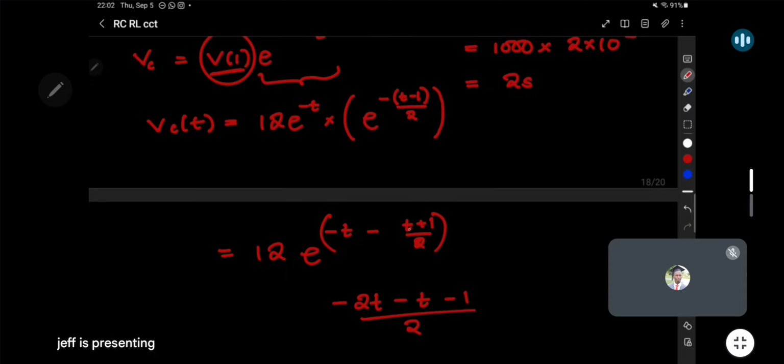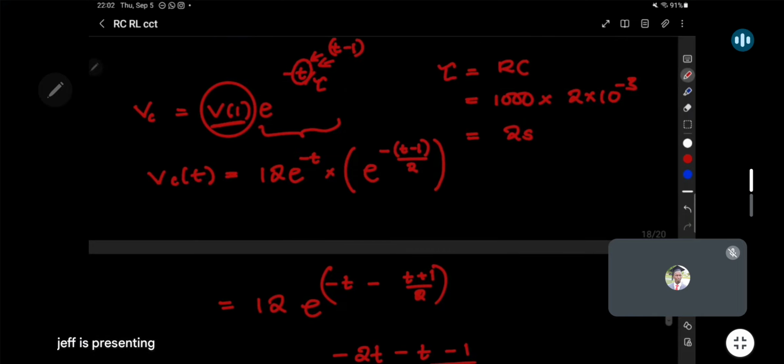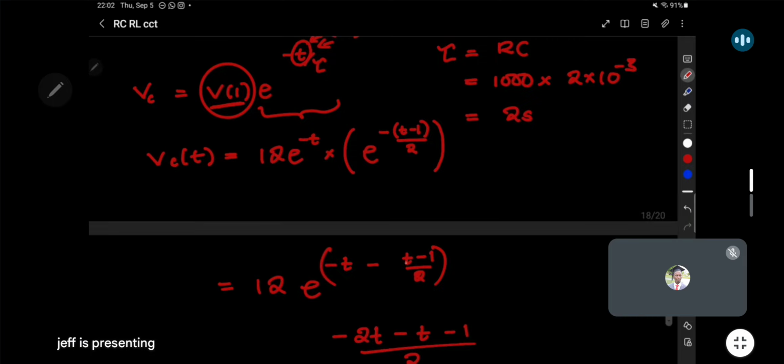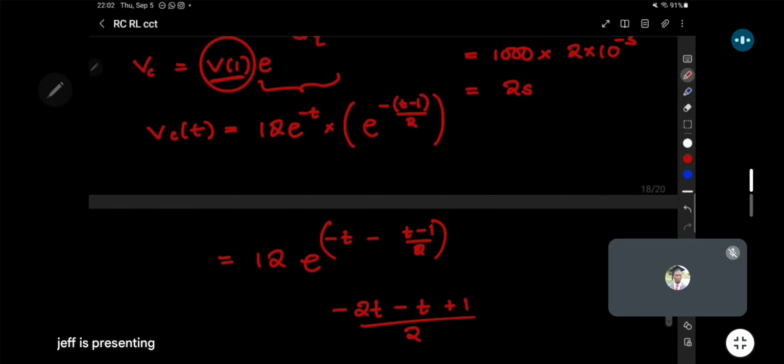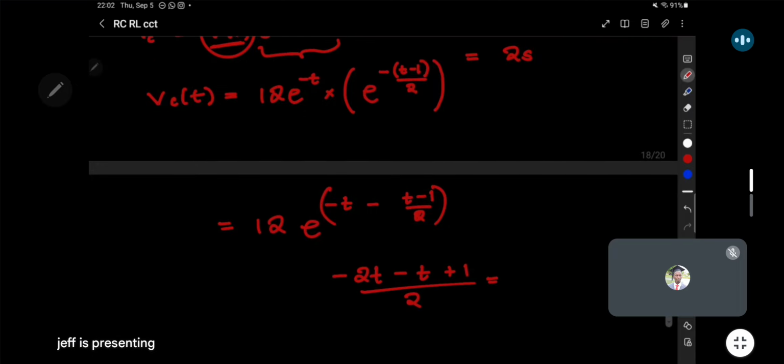The negative here is for everything, so look at what I did there. I wrote a plus here. This is a minus, t minus 1. Okay, t minus 1 there. So the minus now distributes, it will make the t here a negative, to make the 1 there a positive. Yes. Single fraction, 2 multiplies, you have minus 2t minus t plus 1. And then this will be minus 3t plus 1 over 2. All in all, however you work it out, this is what you have. You can simplify it in so many different ways. Let's see how it goes.